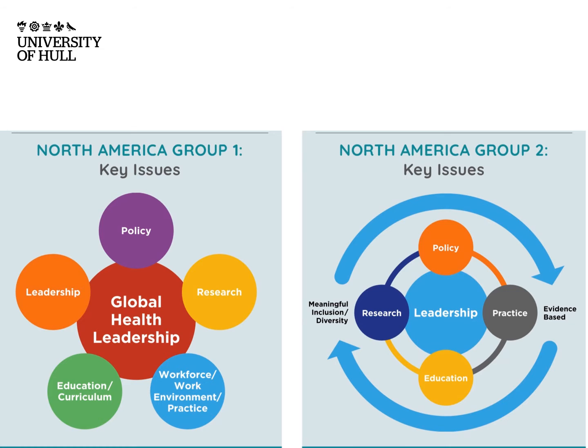And for Group 1 workforce wasn't such an issue in Group 2, but you can see that, again, the key thing here is the identification that leadership is a priority, implying that we don't think we have the appropriate leadership to make this contribution to global health.